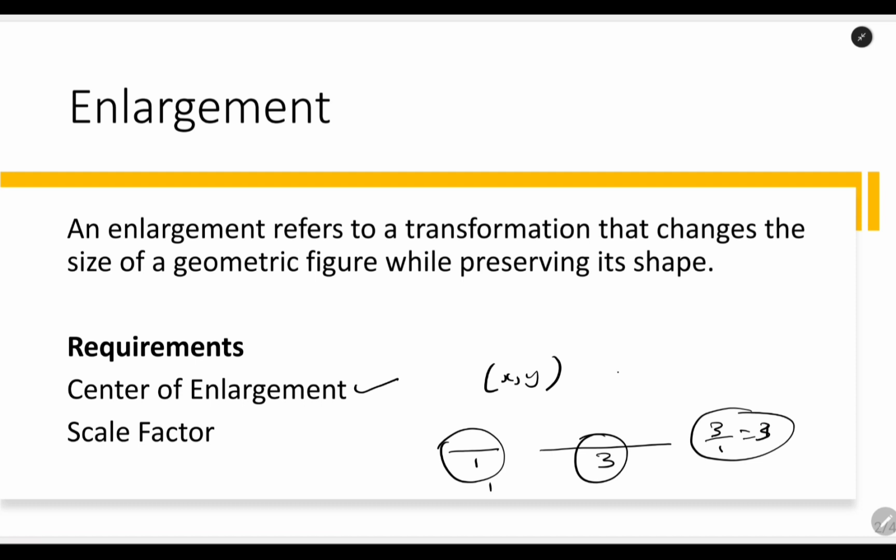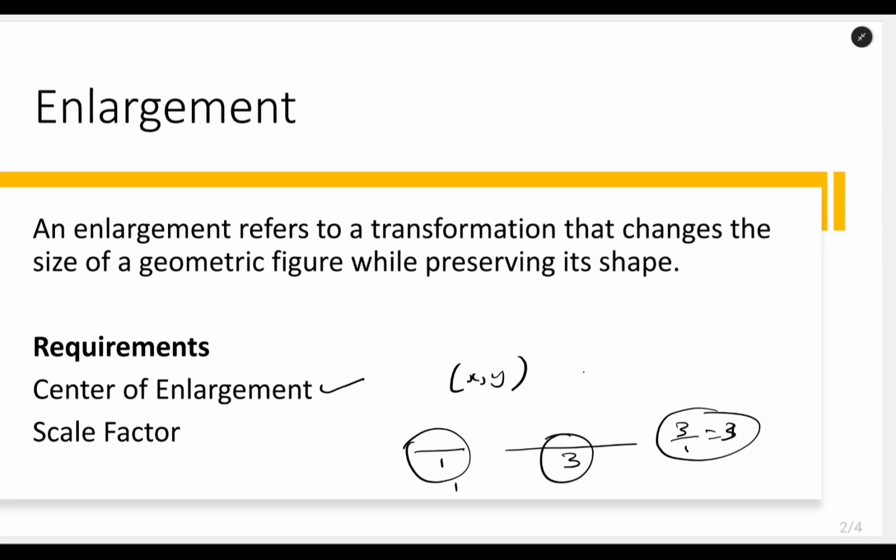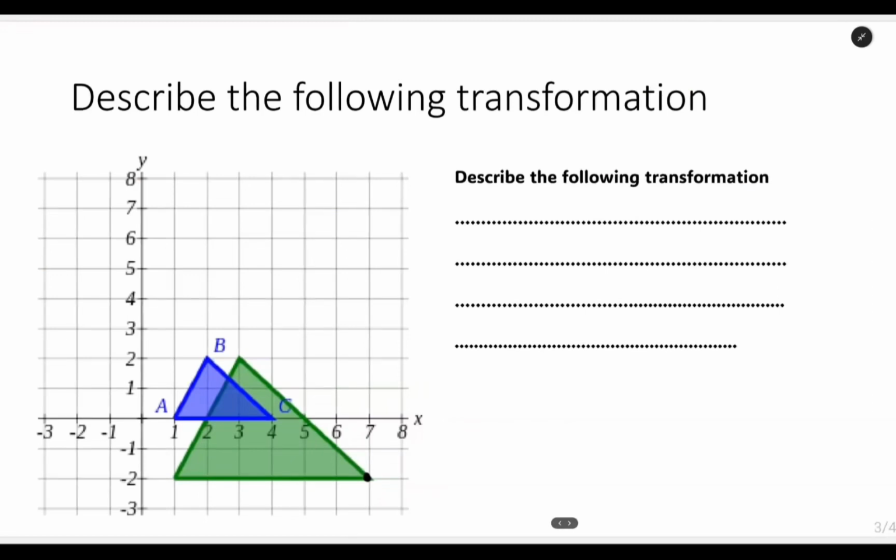Let's look at an example of how we can describe a transformation in which an enlargement occurs. You have triangle ABC, and we want to describe the transformation onto A prime, B prime, and C prime. As I said earlier, we need the center of enlargement and the scale factor. We can find the center of enlargement since we have 3 vertices.